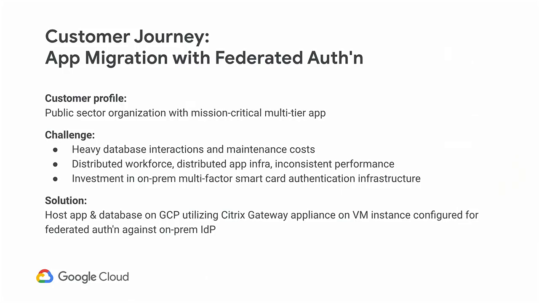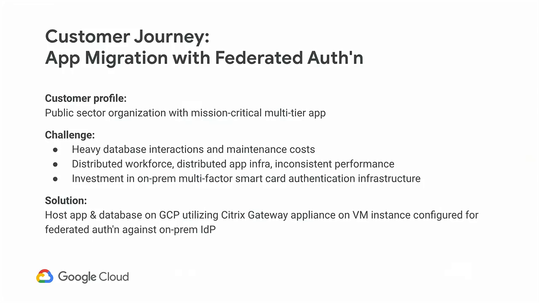They have a distributed workforce around the country who all needed to access this application, and they weren't getting consistent performance. They'd also invested in an on-prem multi-factor authentication scheme using smart cards, and even in the cloud they needed to authenticate their users against this smart card infrastructure.